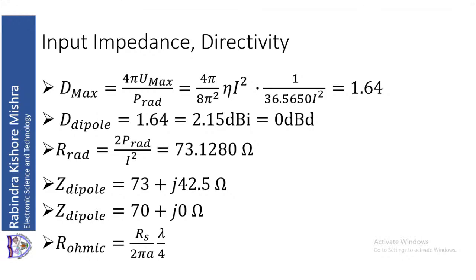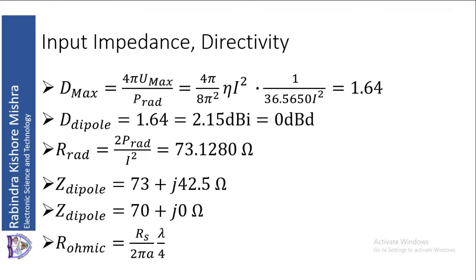So 0 dBd. Then radiation resistance will be 2 pi P rad by I square. That will be equal to 73.1280 ohm. That will be the radiation resistance. Then in most of the books you will see Z dipole, Z is the input impedance. So input impedance of the dipole will be equal to 73 plus j 42.5. It is not 73.1280 ohm; it has an inductive term.